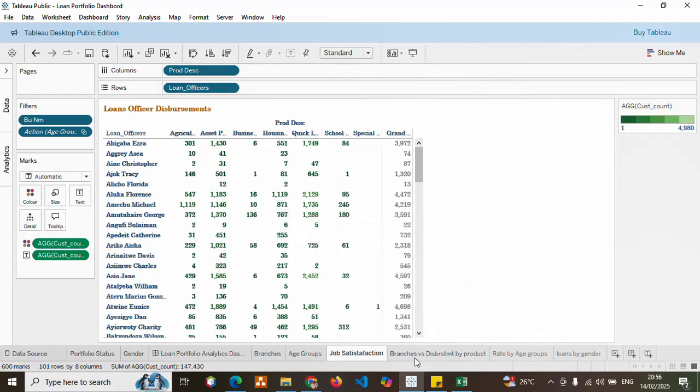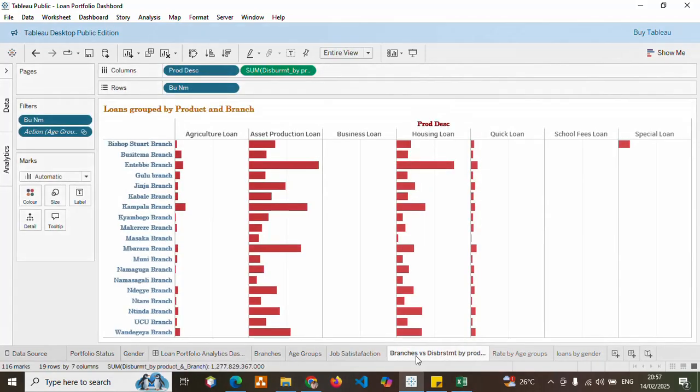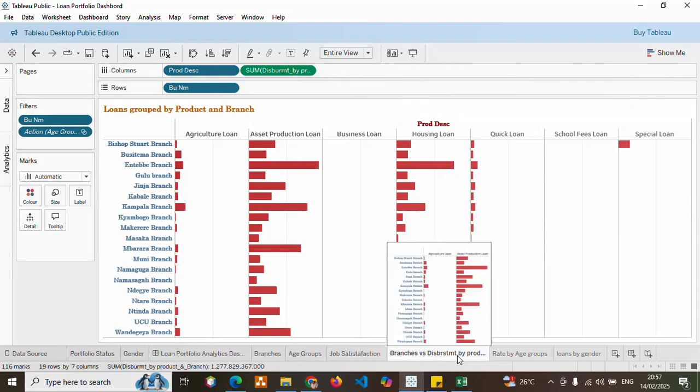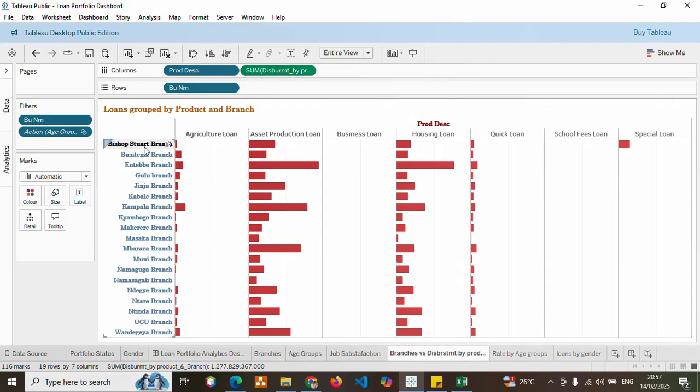Another worksheet that I came up with is called branches versus disbursements by product. You'll find, for example, Bishop Stewart branch under the agriculture product, they disbursed loans totaling what amount for a given product, agriculture, for example.